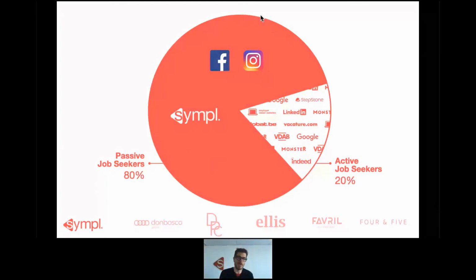But there's a very interesting bunch of candidates who are not actively looking, but once they see an interesting job, they might say, well, you know what, why not? It's 1 hour less travel each day, better work-life balance, or it's a nice company, I've heard already good things about them, let's check it out.